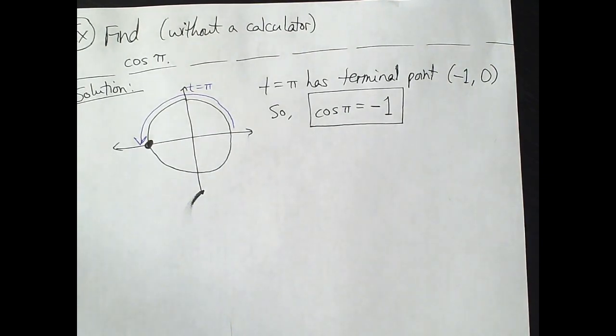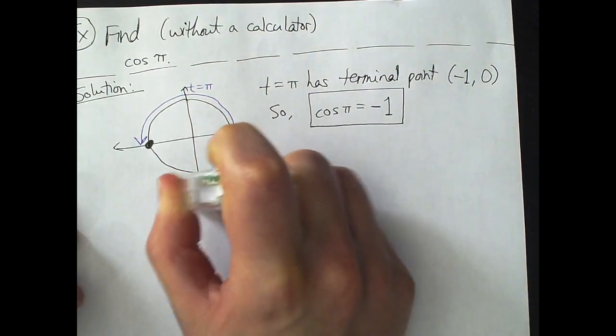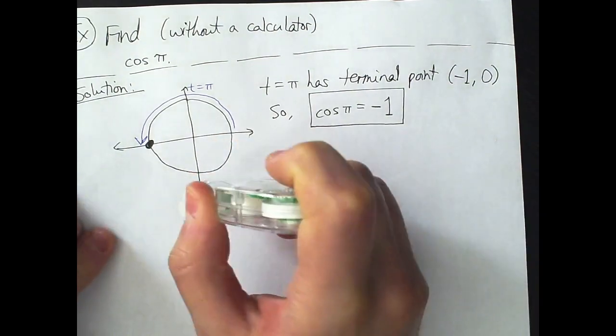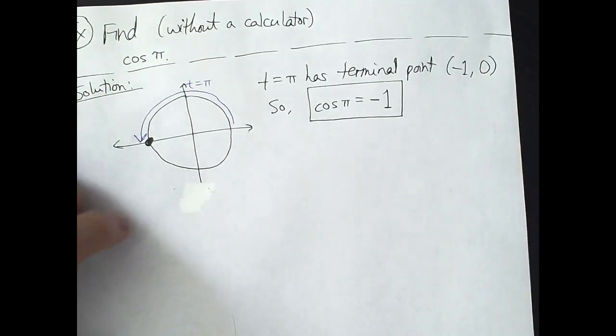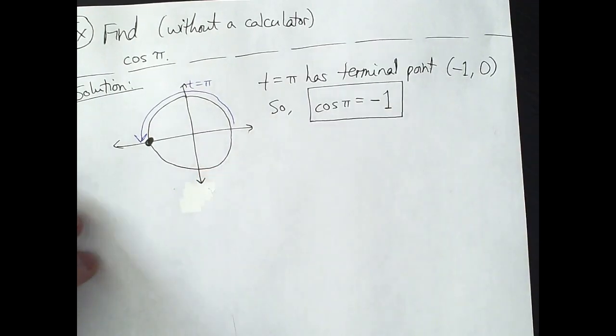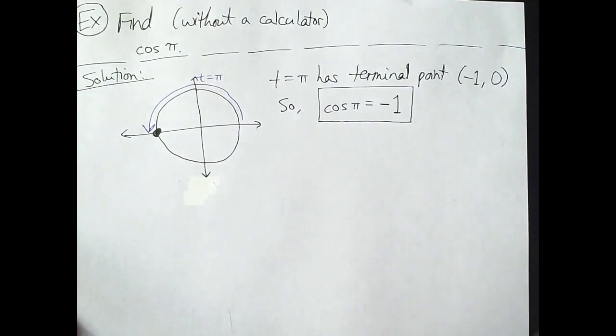That's okay. Here, we'll get some white out on there. All right, so cosine of pi without a calculator, we found it is -1.